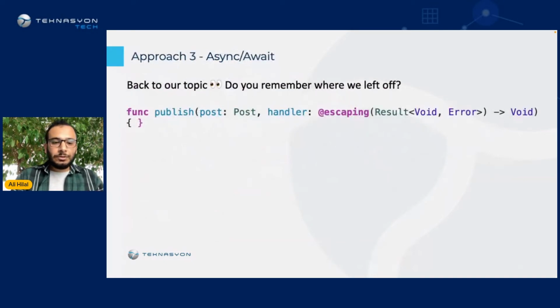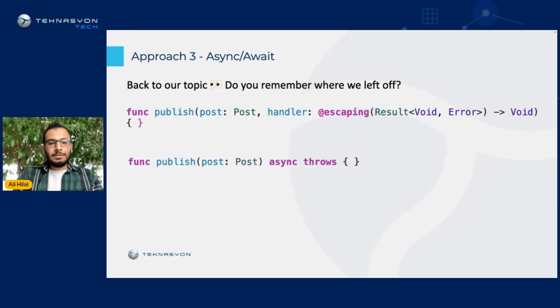So we wanted to perform 3 different operations, one after another in sequence. This is now achievable by switching to async methods. This is the new shape of our publish post after refactoring from completion handler to async.